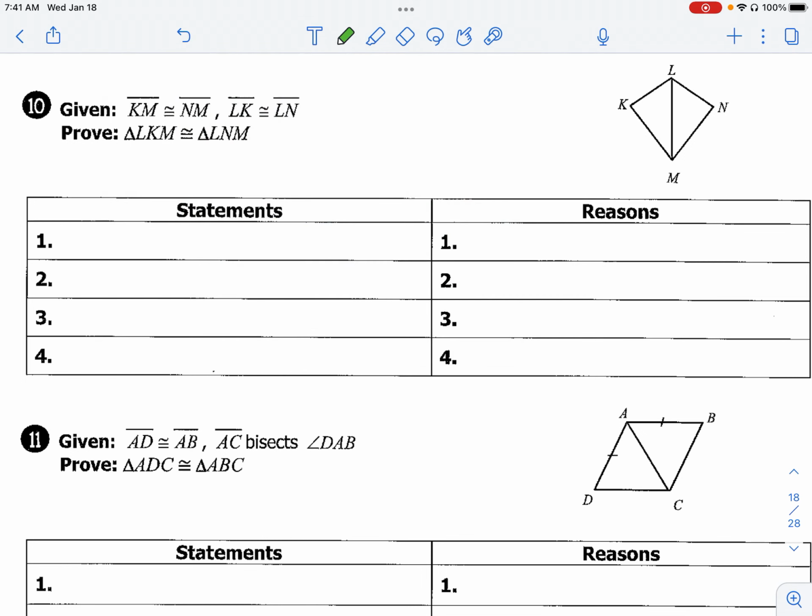So let's do another. Given KM is congruent to MN, given. KM and NM, right there, let's mark them so we don't lose our place. LK is congruent to LN. LK and LN.